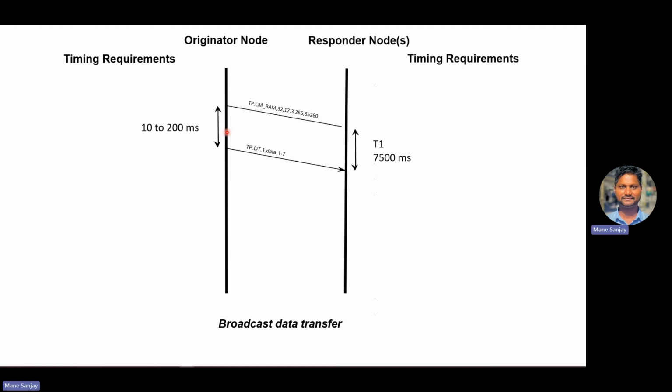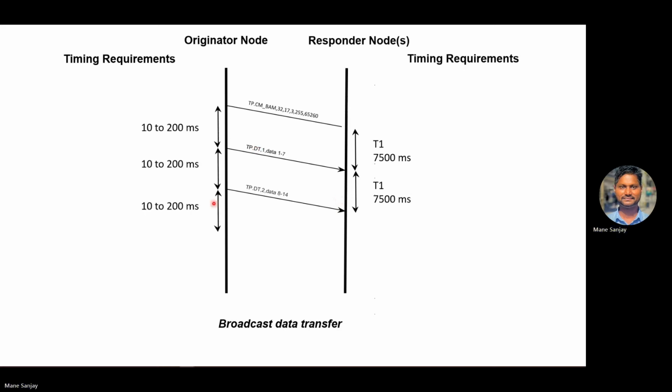After waiting 10 to 200 milliseconds, the maximum being 200 milliseconds, if it does not send before that, a timeout occurs with an error, and sometimes the connection aborts as well. That's why the timing parameters are important. At the receiver node, you have time to fetch that data within 7.5 seconds, and process it.